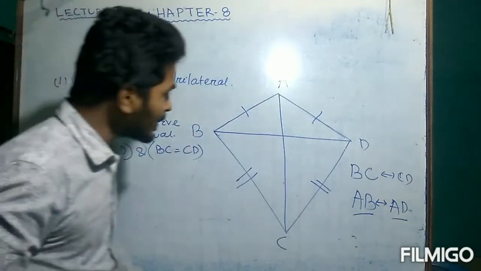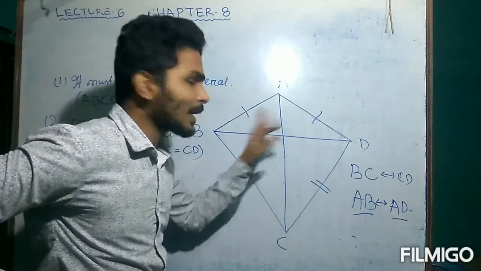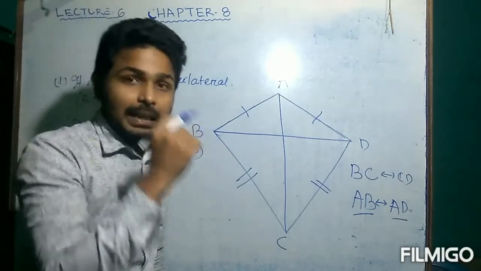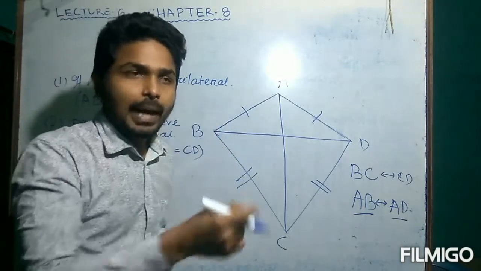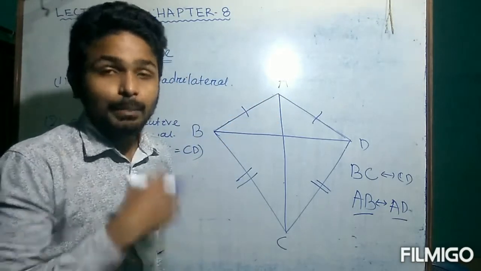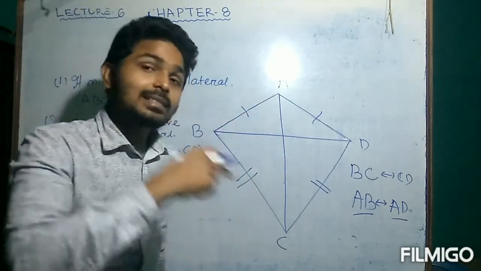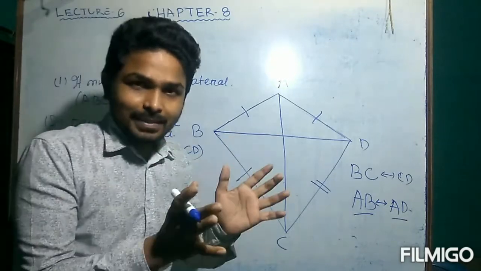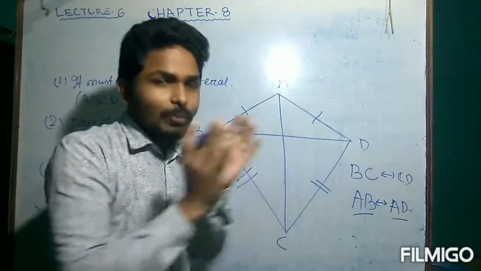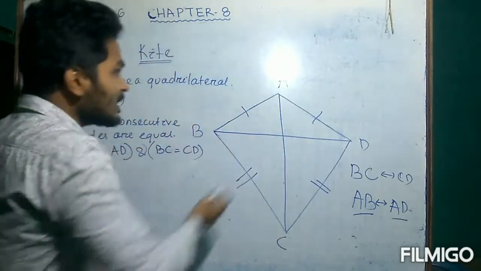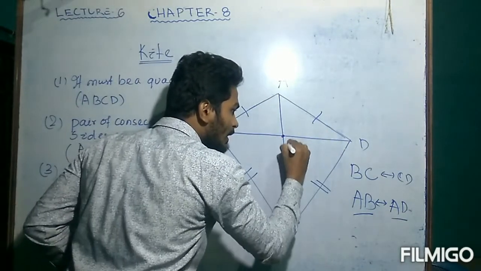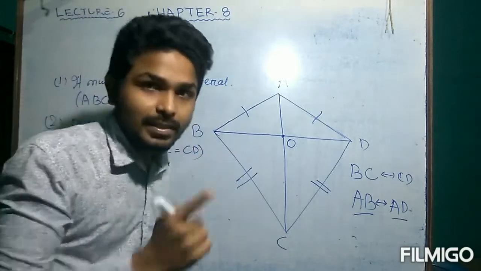Now the third property is that out of the two diagonals, one diagonal is bisected by the other diagonal. It means one diagonal bisects the other. Bisects means it must be divided into two equal halves. Since AC is a diagonal and BD is a diagonal, they meet each other at a common point, known as the point of intersection.